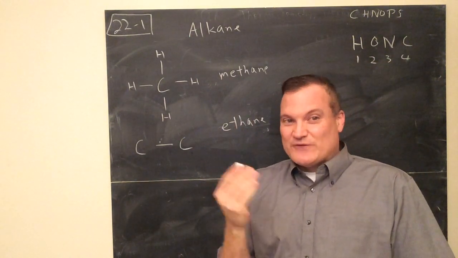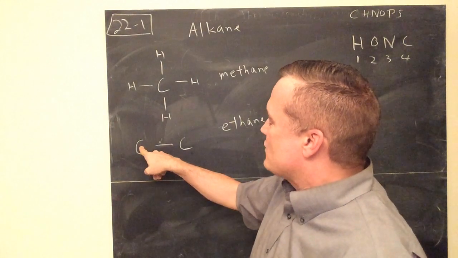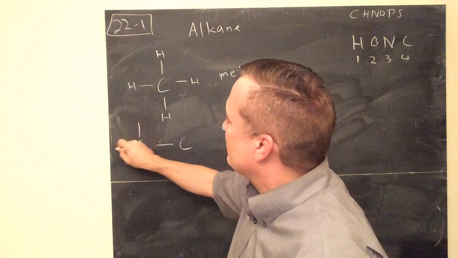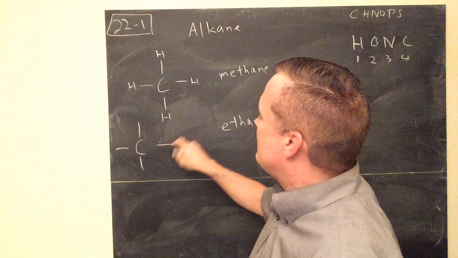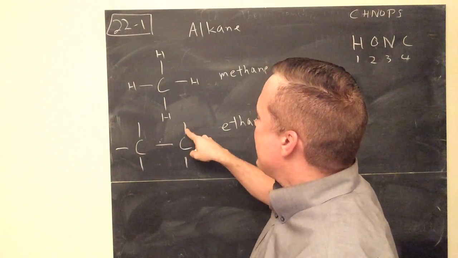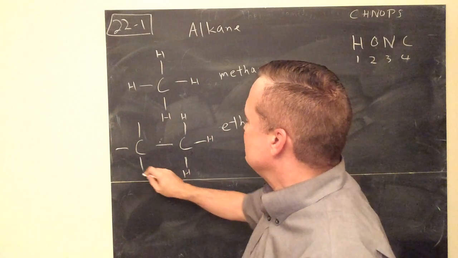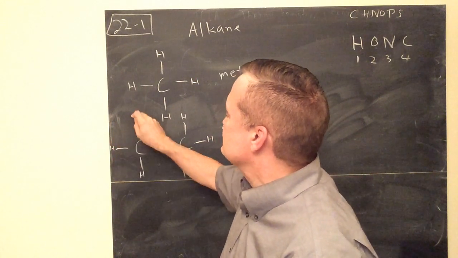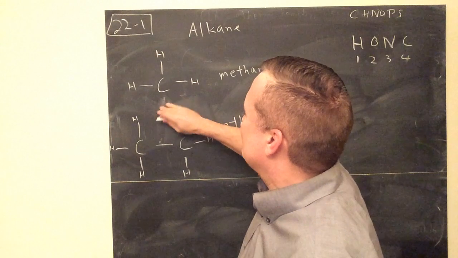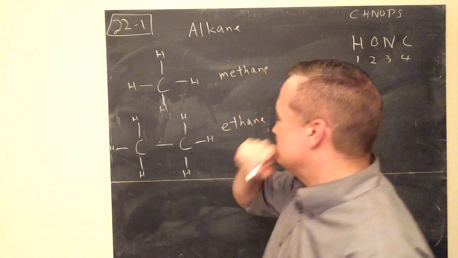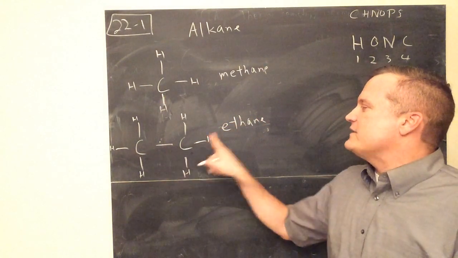HONC, 1, 2, 3, 4. Carbons need 4 bonds. This carbon has 1 bond, 2, 3, 4. This carbon has 1 bond, 2, 3, 4. And these are all going to be hydrogen, hydrogen, hydrogen, hydrogen, hydrogen, and hydrogen. So, this is called ethane.